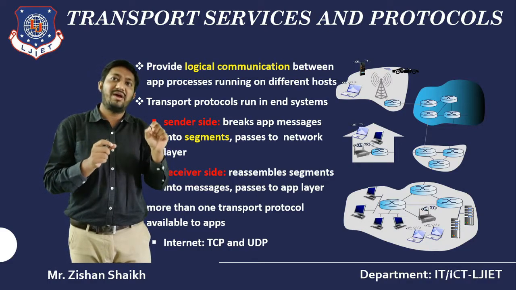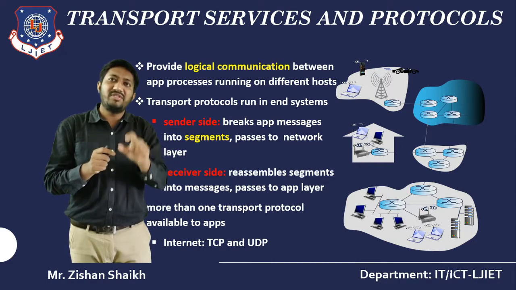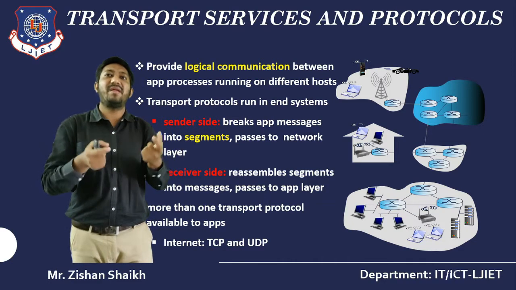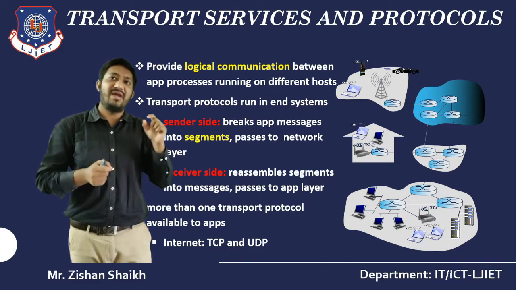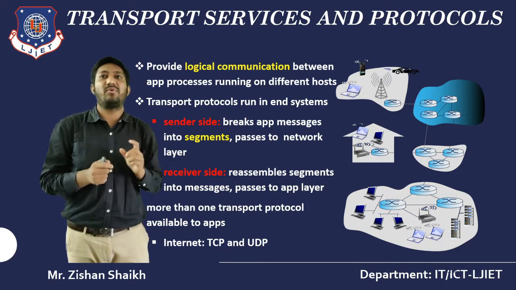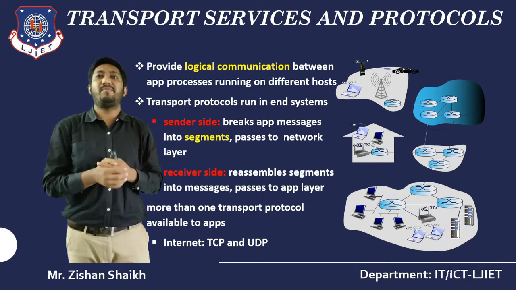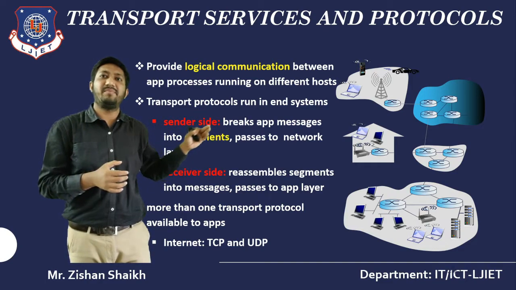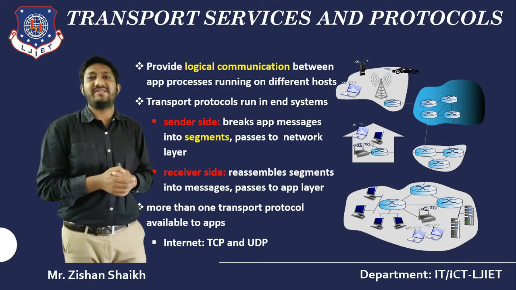This is the aim of our transport layer: how users are logically connected from source to destination with a number of applications simultaneously. How will that be provided? It is divided into two parts, the server side concept and the client side concept.